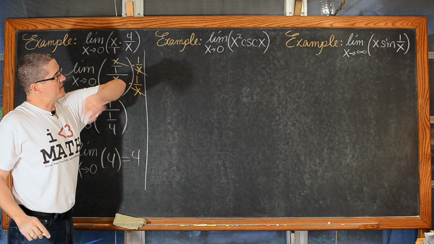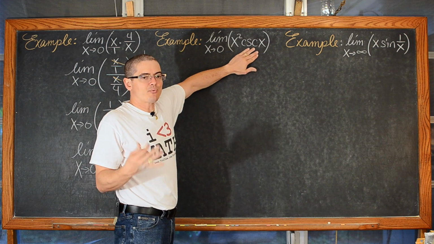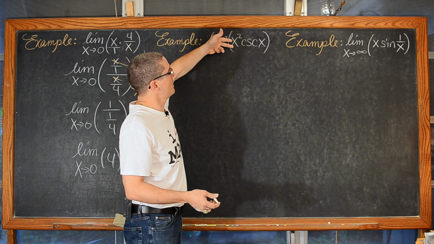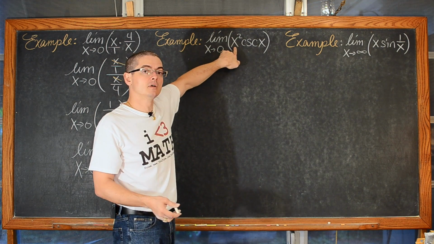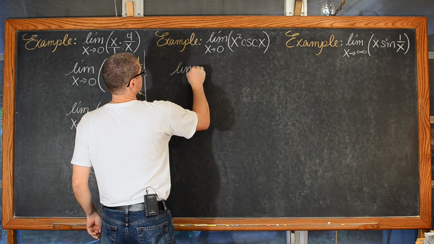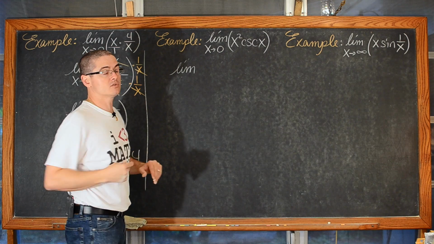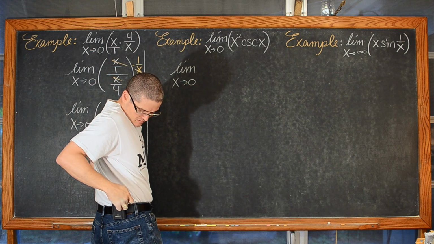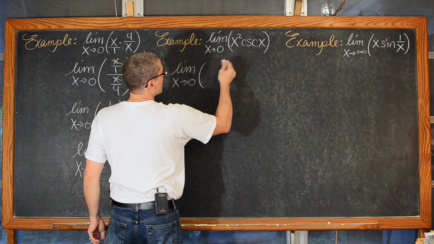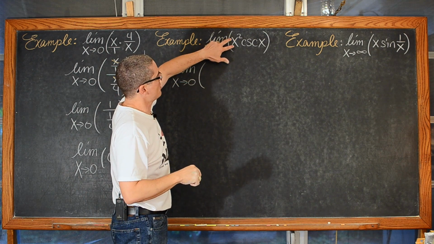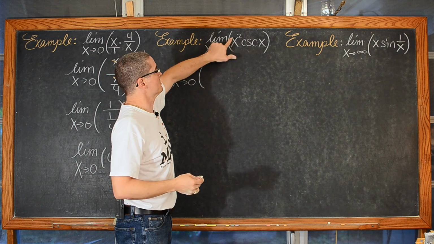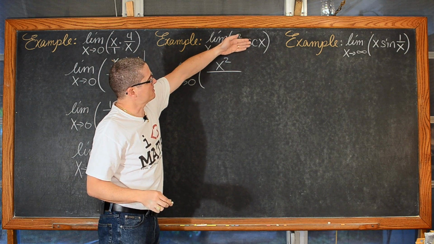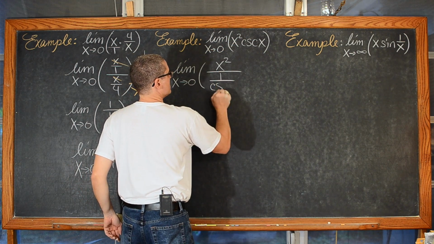All right, next example. Now, I really don't want to take the derivative of cosecant of x if I don't have to, so I'm going to rewrite this. We already discussed in the previous screen how all of these are the indeterminate form for products, or multiplication. So I'm going to leave the x squared on top and bring the cosecant down in the denominator, so 1 over cosecant of x.